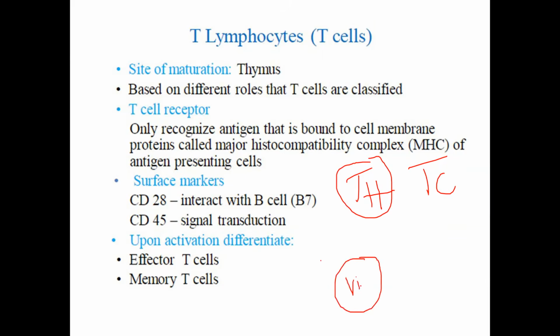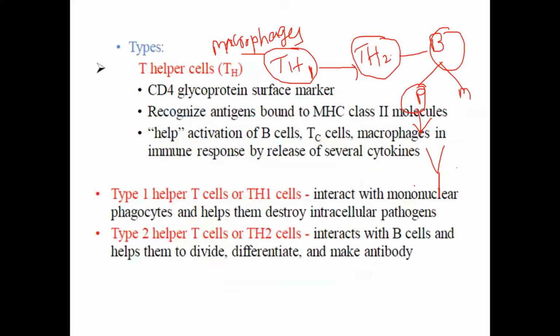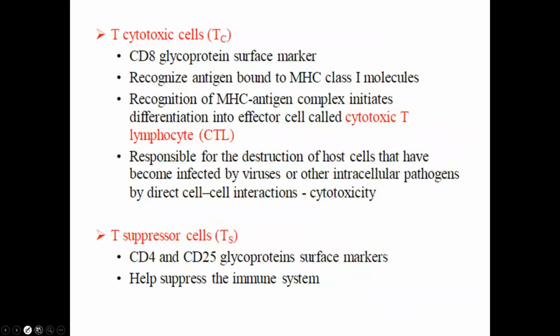This is a cell which is infected by the virus. So I mean to say, which is recognizing the virus infected cell? That is the T helper. T helper is very good in recognition. But I have asked you a question: which T cell is involved in killing the virus infected cell? That is the cytotoxic T cell. It's a very important question for the exam, do not get confused.